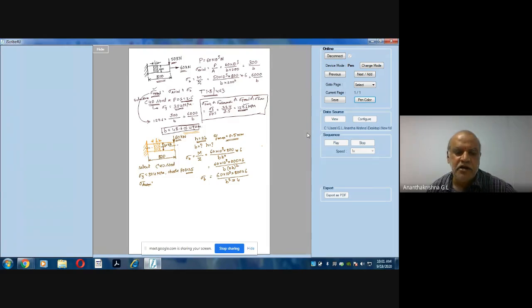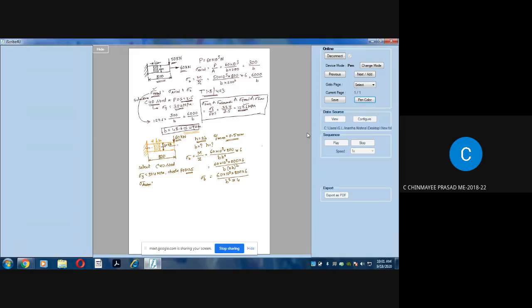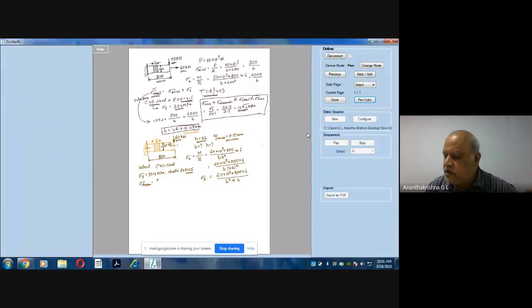Chinmayi, got it? Yes, sir. Sigma design is sigma y by factor of safety. That is 324 divided by 2.5, which is 129.6 megapascal. So this is the selection of material part. Now this is the bending stress part.